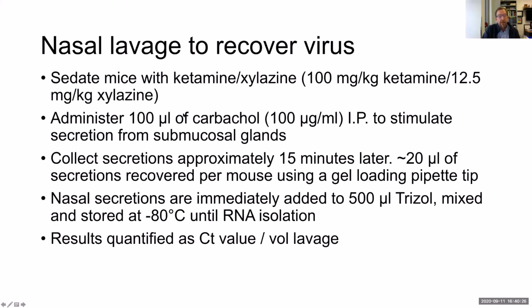So leveraging something that we know about airway function, we treated the mice with a cholinergic agonist to stimulate secretions from submucosal glands. That worked quite nicely, so we could get a gush of fluid that allowed us to collect the secretions and show that we could detect virus in that, which we quantified by PCR as a CT value over a volume of lavage.